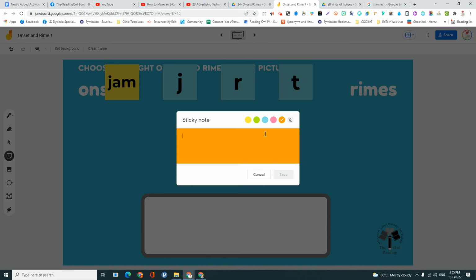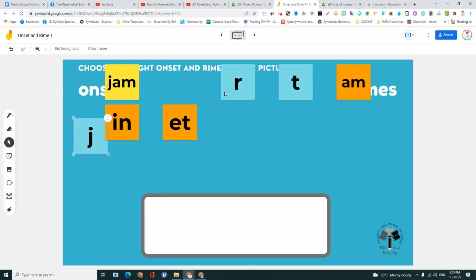And then I'll add the rhymes. So am should be there. I'm going to put in and I'm going to put at. All right, so I'm going to arrange everything here.